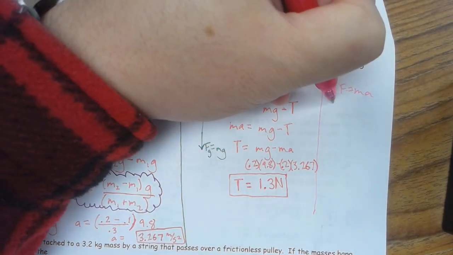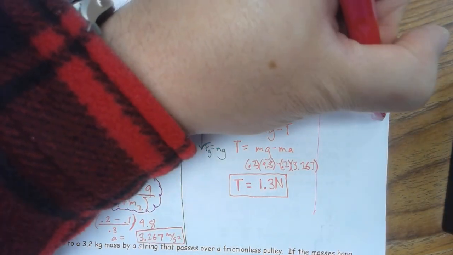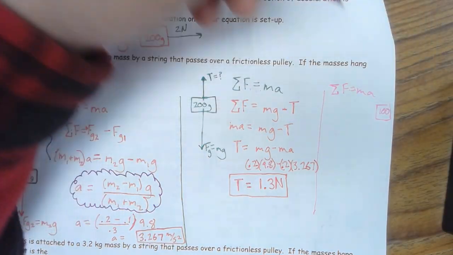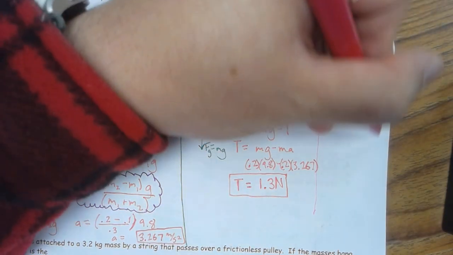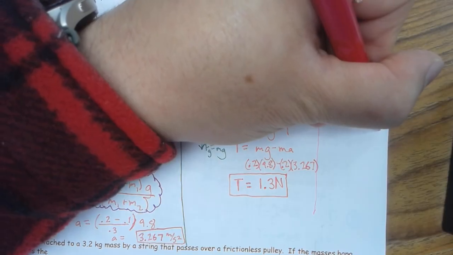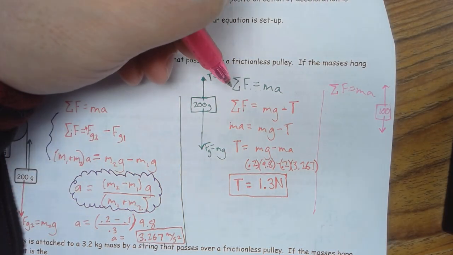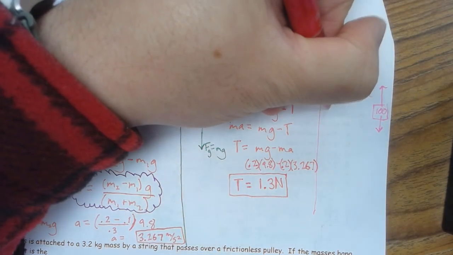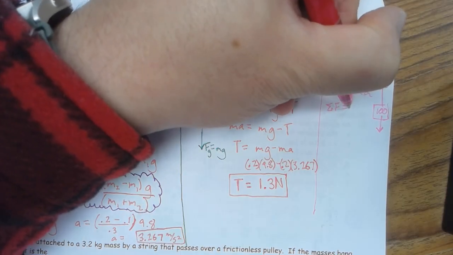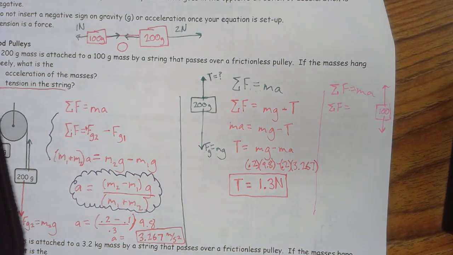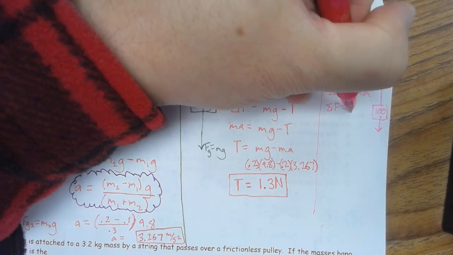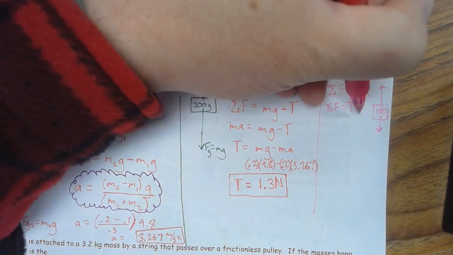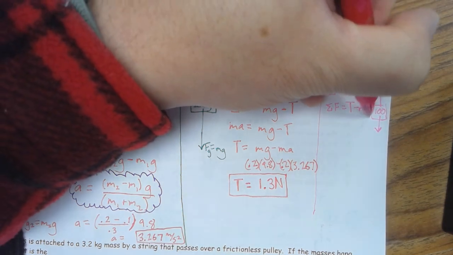On the second side, we have the box of 100 grams being pulled up just as much as the other one, but being pulled down by half the gravity. Our net force equals, what's our equation this time? It generally moves up, so our equation is going to be built as tension minus mg this time, right?